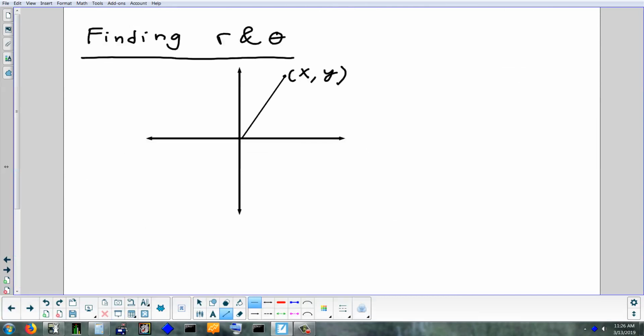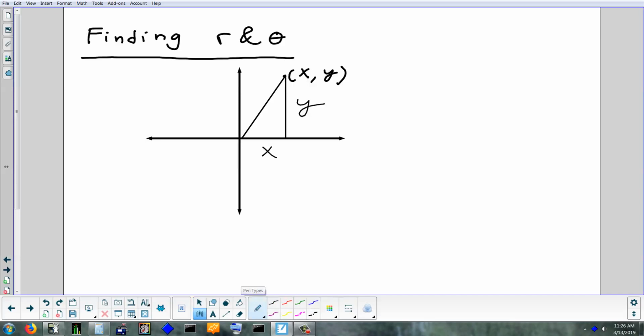Make a triangle out of that. Now, the bottom side of that triangle is how long? It's not a number, it's x. You went to the right x units. And the height of that triangle is how much?